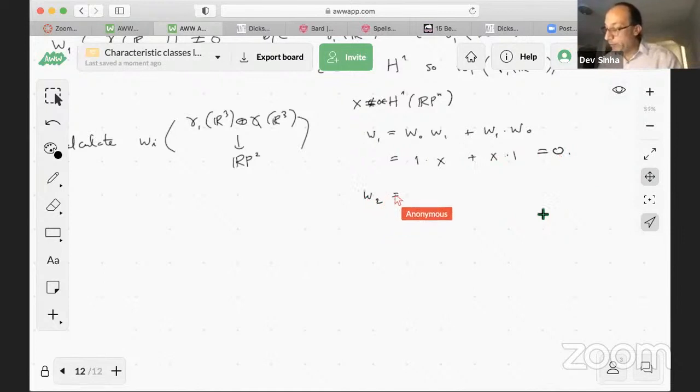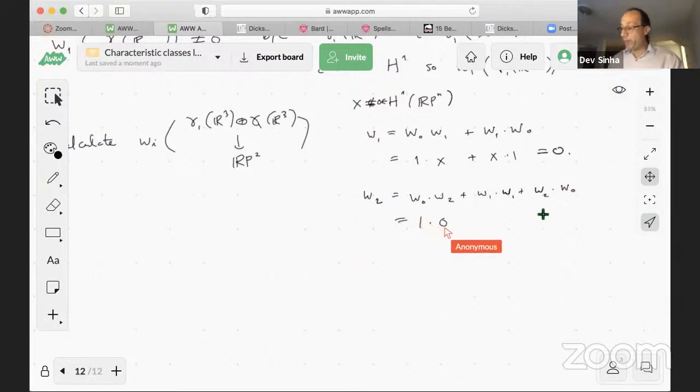Again, the Whitney sum formula says now I'm going to get what? I'm going to get first 1 times 0. It's a line bundle, so it has no W2.